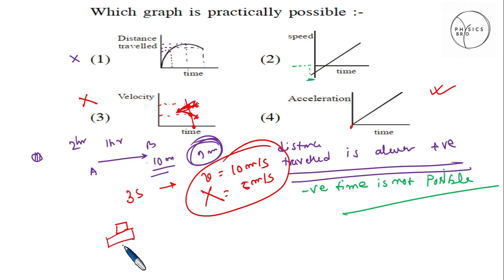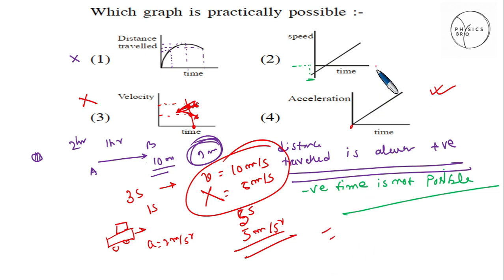I am giving you an example. At 1 second it has some acceleration, say 2 meters per second squared, and after 5 seconds it has 5 meters per second squared. It is possible that somebody accelerates with time. So this one is a possible answer.